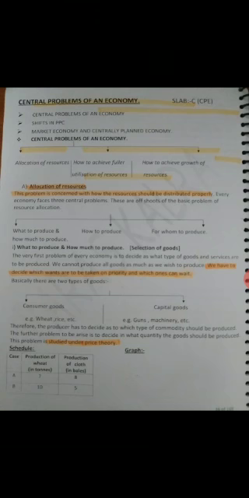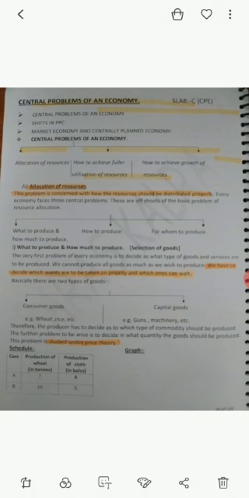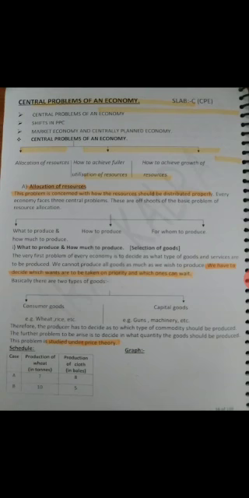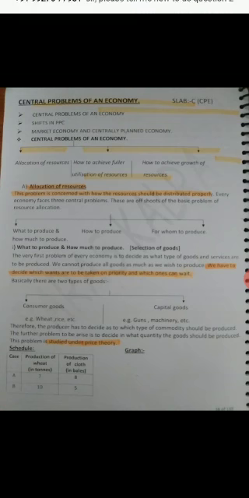Example, wheat, rice, etc. And capital goods are goods which help in the production of other goods. So the producer really has to decide which type of commodity should be produced. It should be his decision.